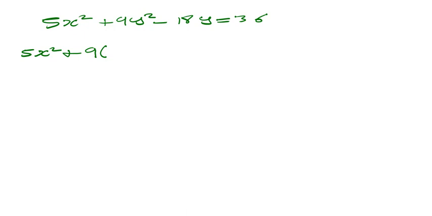Are you able to see what I'm writing? Okay, good. So here you're going to have y squared minus, if you have factored out the 9, you're going to put 2y there, and that will be equals to positive 36.